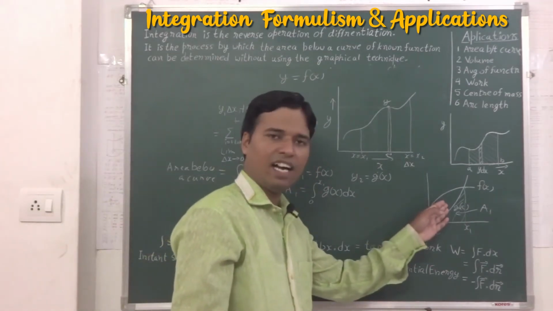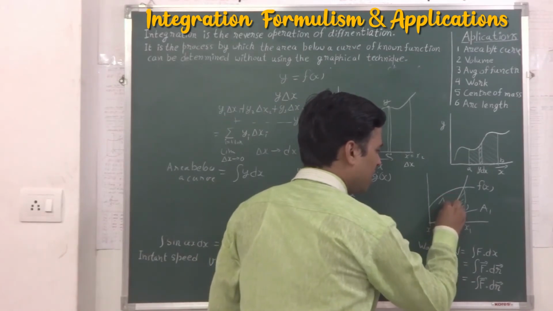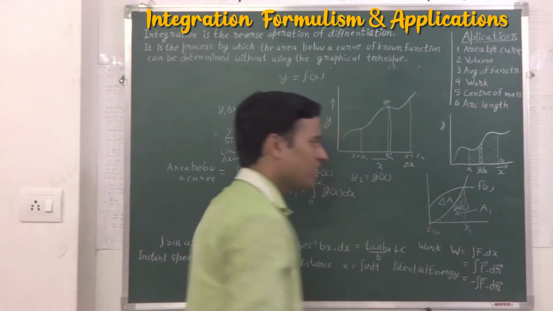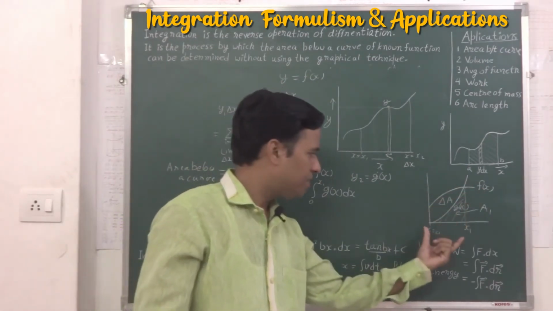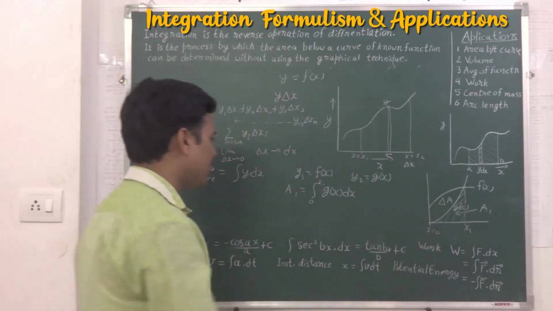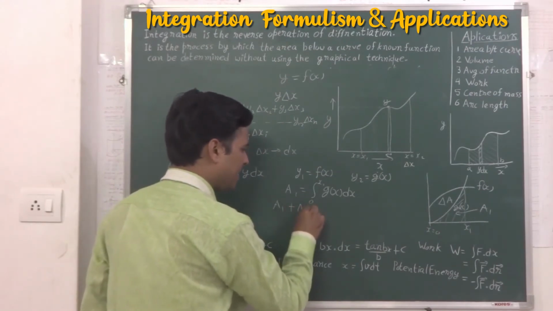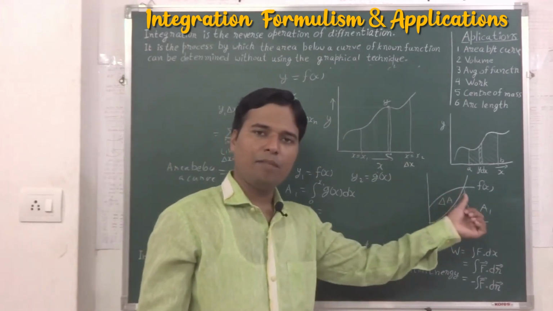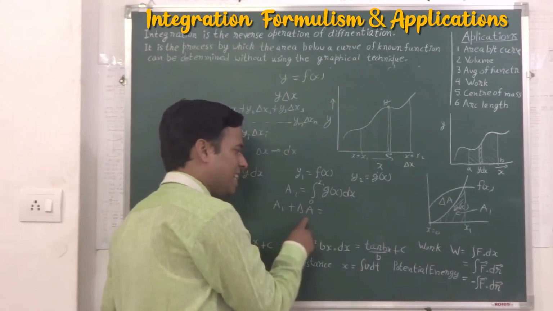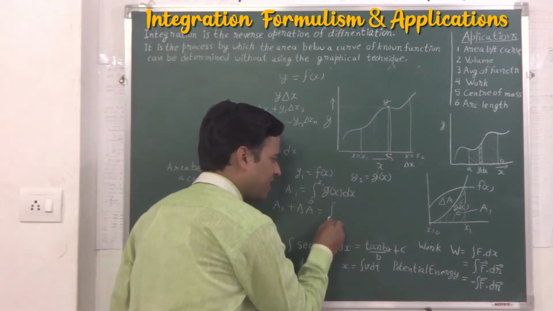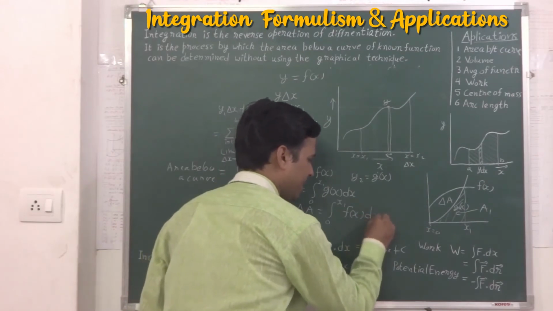The second area is unknown. We want to get this area, delta A. The total area below this function f(x) in this region is nothing but A1 plus delta A. The total area below the first function f(x) can be calculated as A1 plus delta A, equal to the integration from 0 to x1 of f(x) dx.